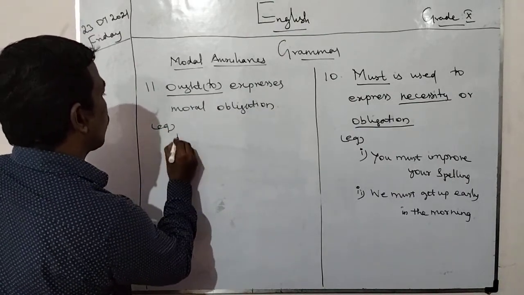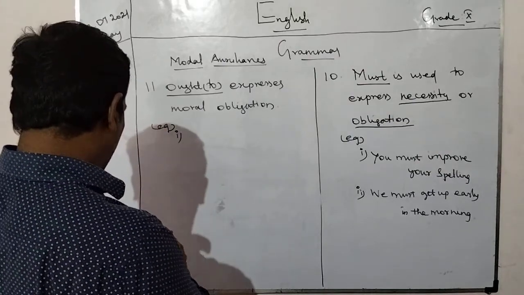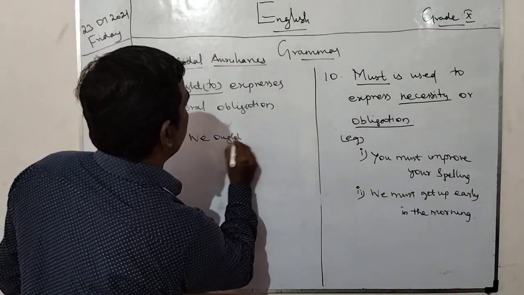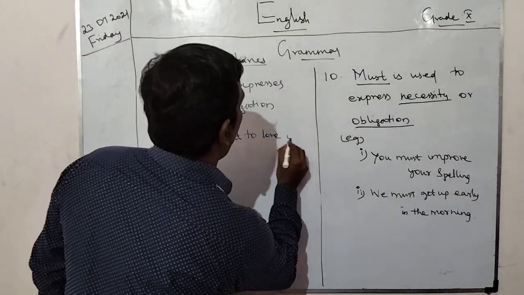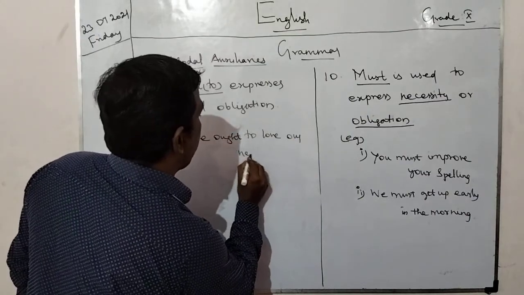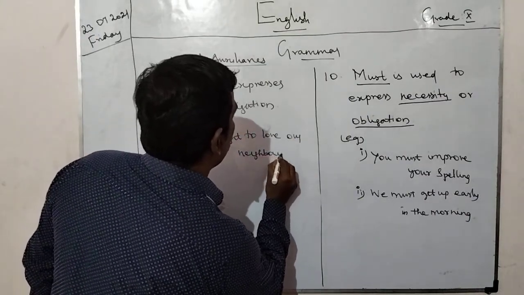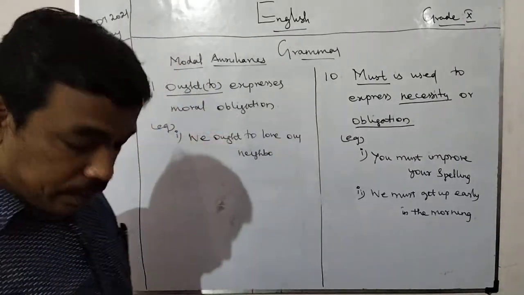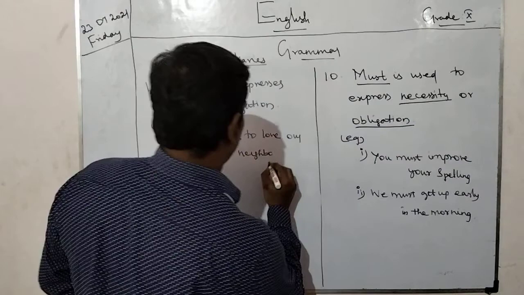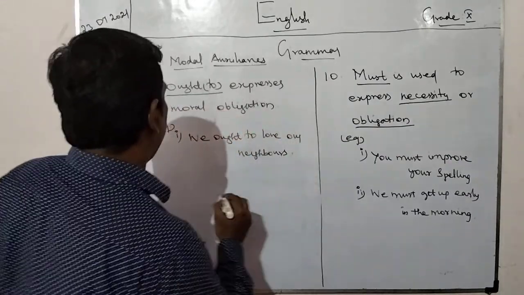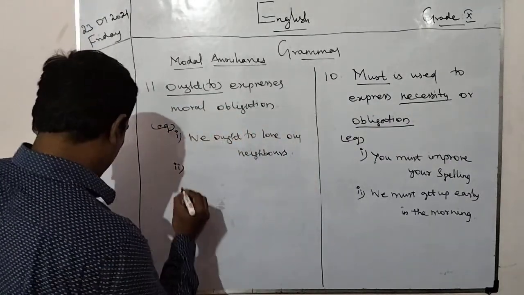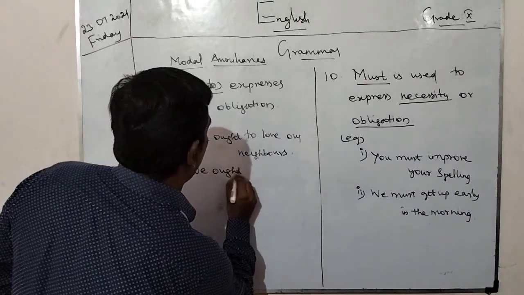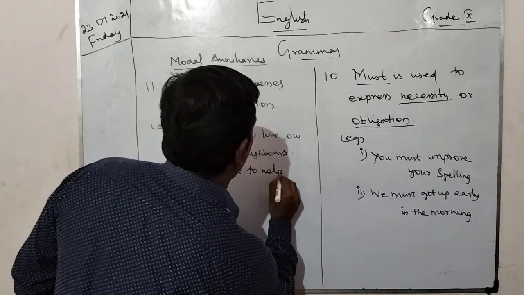For example, one: we ought to love our neighbors. We ought to help them.